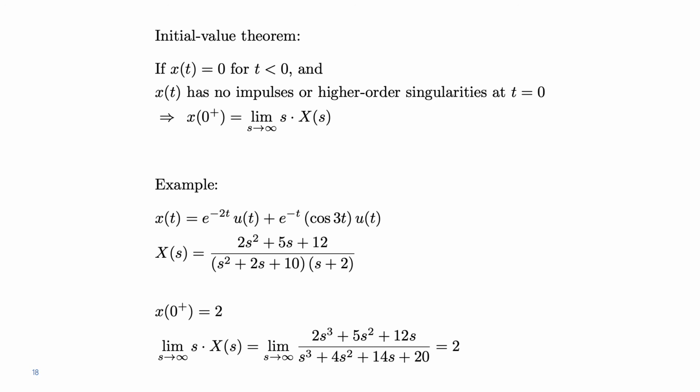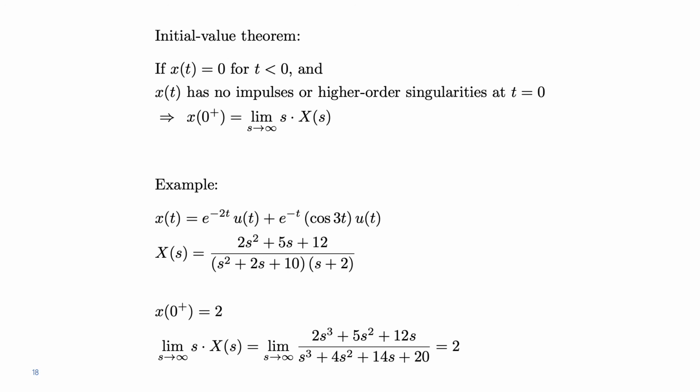X of s equals 2s squared plus 5s plus 12 over s squared plus 2s plus 10 times s plus 2. Right, so let's test the initial value theorem in this case. If we look at the time domain, then the limit of x of t as t approaches 0 from positive times can be easily found. e to minus 2t u of t would converge to 1, and e to minus t cosine 3t u of t will also converge to 1 for t that goes to 0 from the right.